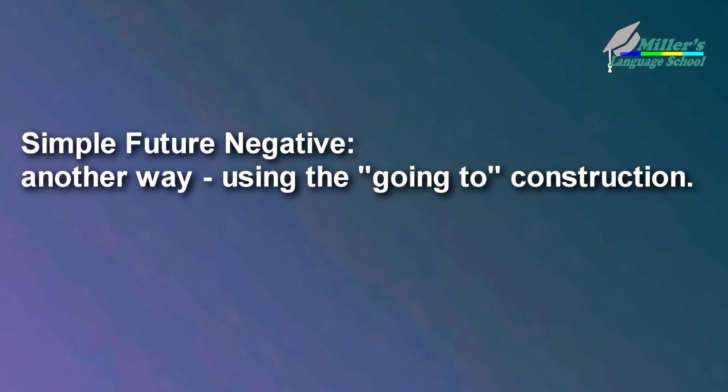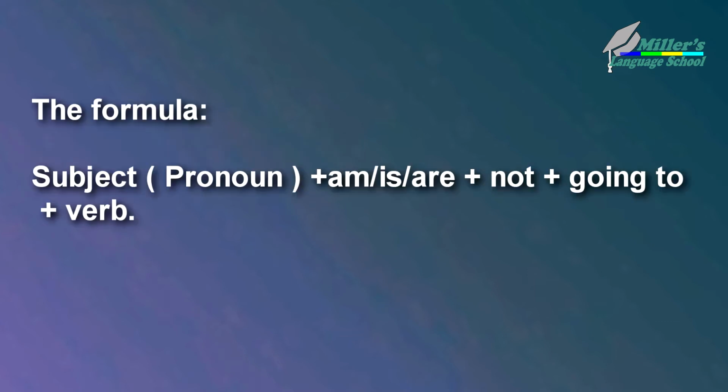Simple future negative. Another way, using the going to construction. The formula: subject pronoun, plus am, is, are, plus not, plus going to, plus verb.